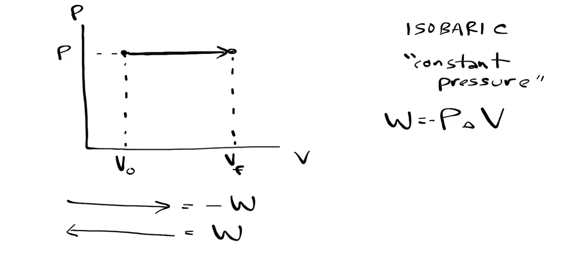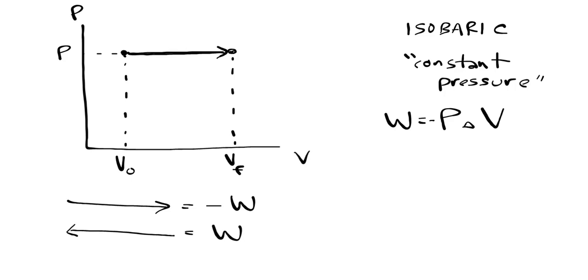That's an important thing for answering conceptual questions about these. If you can get that straight, you're going to do pretty good. And the way I do it, because I can't remember anything that is that binary, is I just remember that compressing a gas is putting work into it, and expanding a gas would be the opposite.